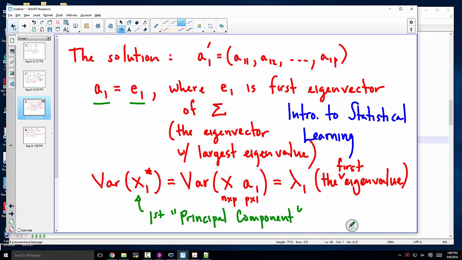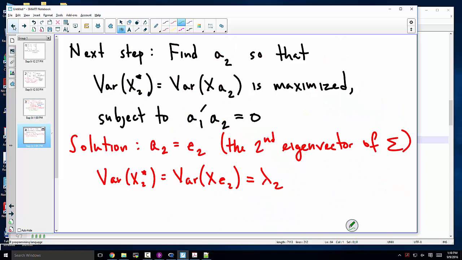The first variable we created, going from p variables down to just 1, we call that new variable the first principal component. And the variance of that first principal component is lambda 1, the first eigenvalue. Now the second one, which is in a different, perpendicular or orthogonal direction to the first one, has variance lambda 2, the second eigenvalue of sigma.